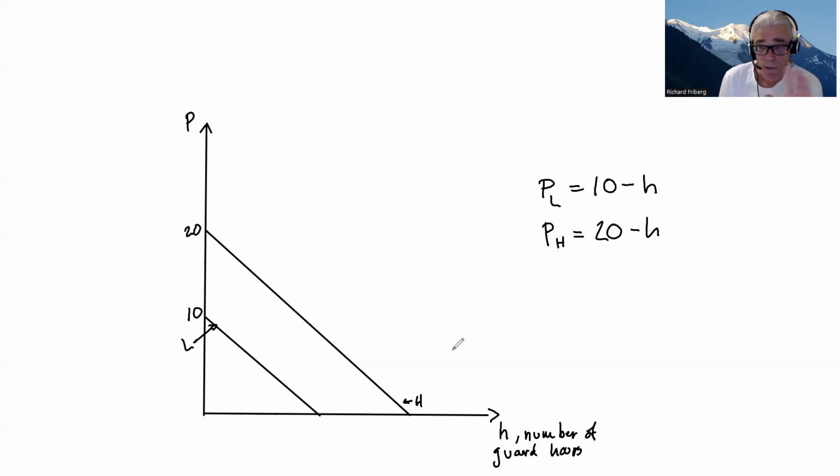Remember, what characterizes a public good? Well, it's non-excludable. In this case, if we're thinking guard hours, if these are two orchards right next to each other, if one is guarded, that's going to be deterring apple thieves in the next door orchard as well. So it's non-excludable.